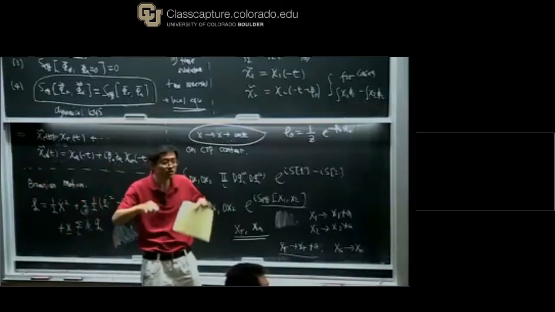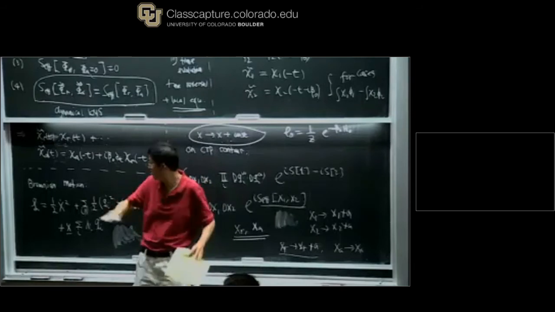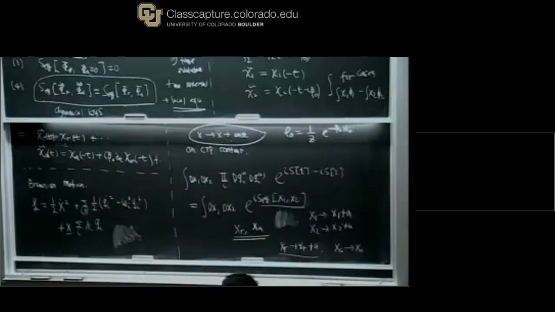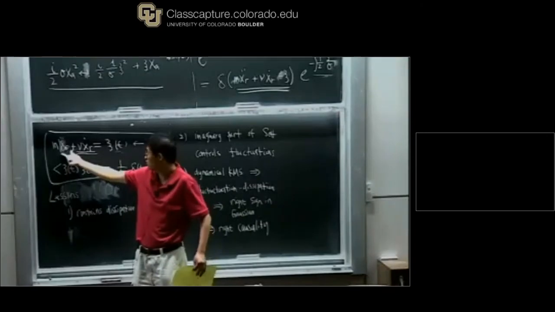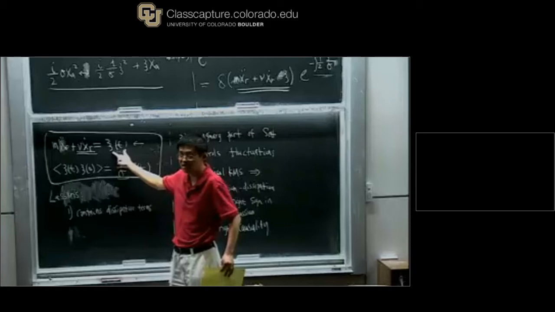Just including the fluctuation of the dynamic variable themselves is no longer enough. You actually have to include the noise. At this quadratic level, there's actually no fluctuation for X_R, because all the fluctuation is determined by psi. So there is only fluctuation for X_A.